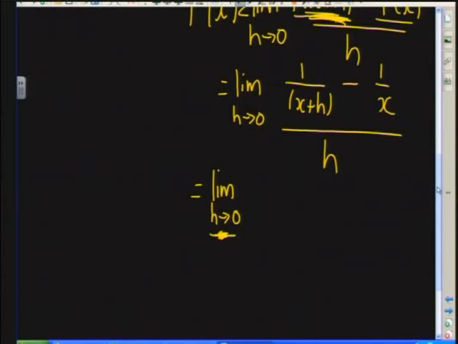It's a fraction. In the numerator, I need to find an LCD. And my LCD is going to be x times x plus h. So I'm going to times this fraction by x over x, and then this one by x plus h over x plus h. So my LCD is x times x plus h.